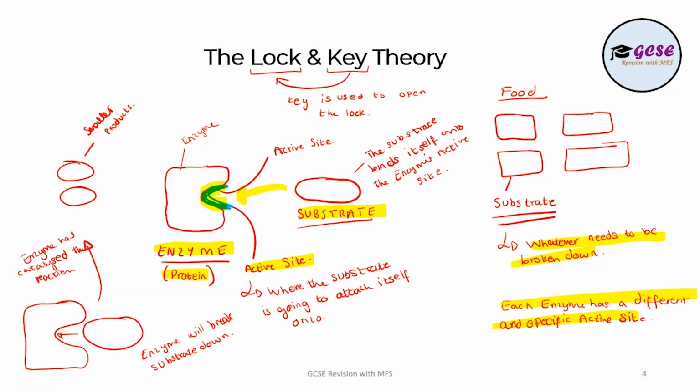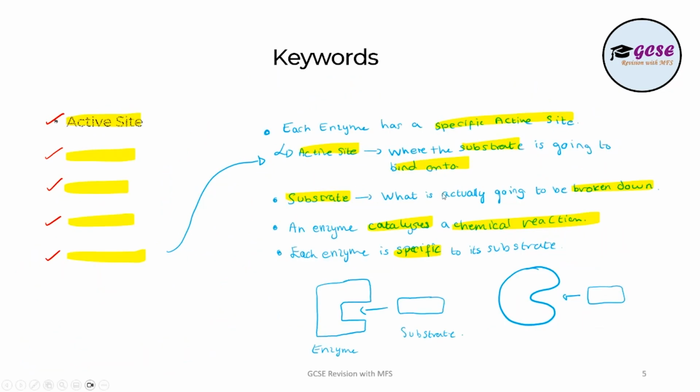And each enzyme has a different active site because each enzyme catalyzes a specific reaction. Then the substrate binds to the enzyme's active site, and the enzyme breaks it into its products. And this is a keyword again, specific. I need to emphasize this word specific. It's really key and many people forget to state that word.